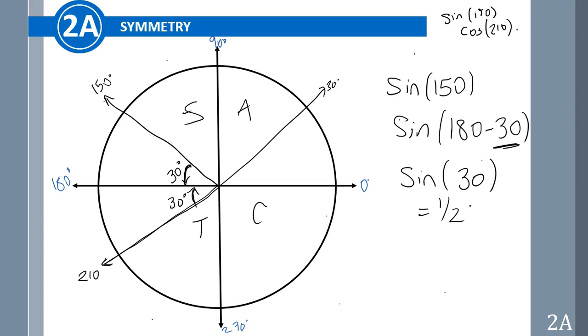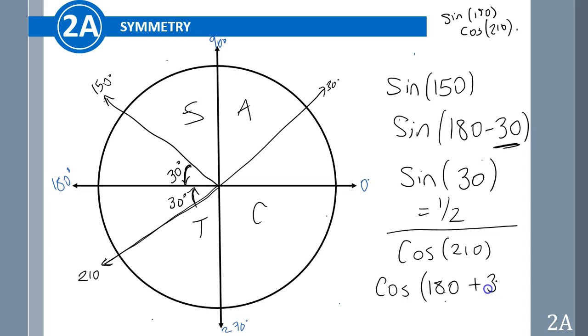Let's try that again with the 210. So we're doing cos of 210. We're manipulating it so it talks about the closest horizontal. So cos of 180 plus 30. Cos of 30 gives us root 3 on 2, I believe.